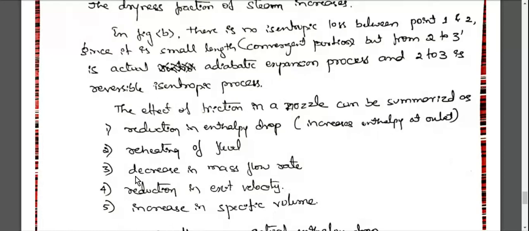Point number 3 is a decrease in mass flow rate. Obviously, the mass flow rate of the steam decreases, there is a reduction in exit velocity of the fluid, and finally an increase in specific volume. So these are the 5 effects that take place by considering friction in a nozzle.